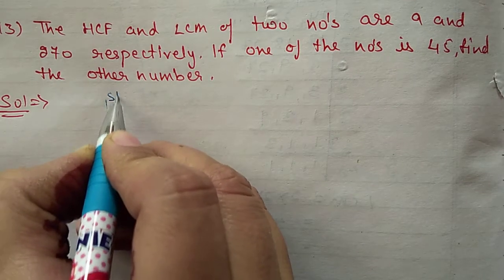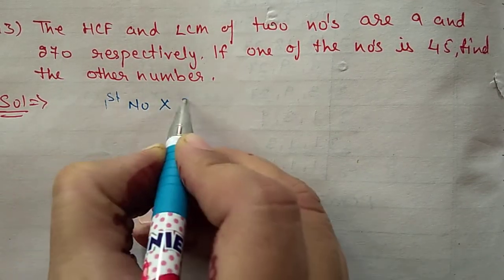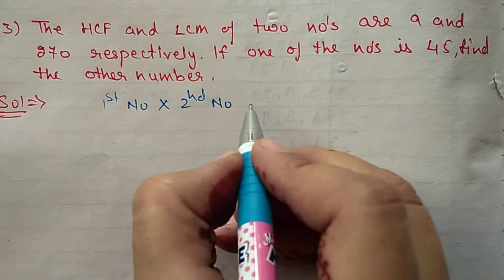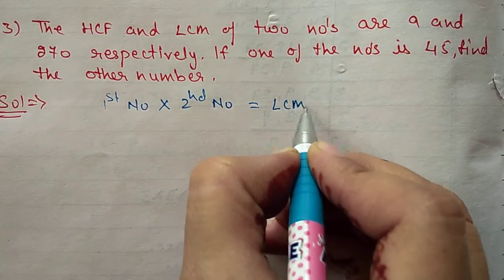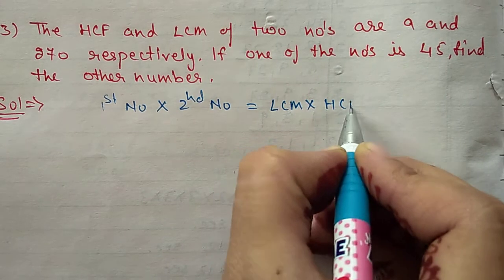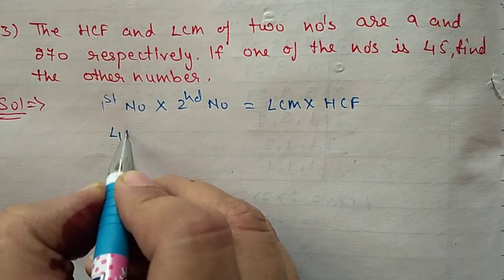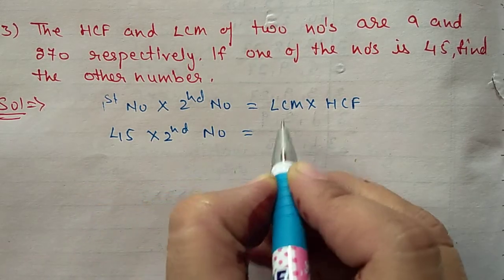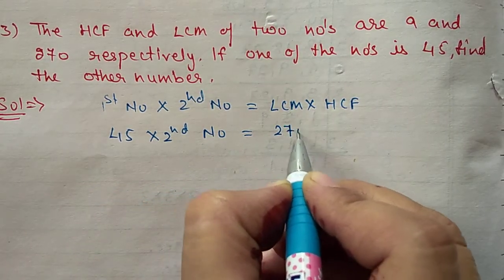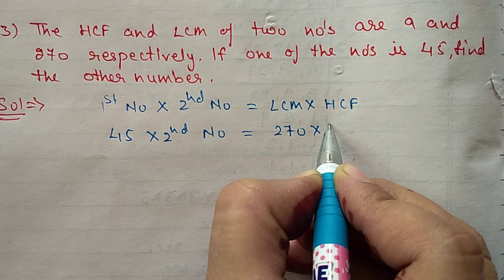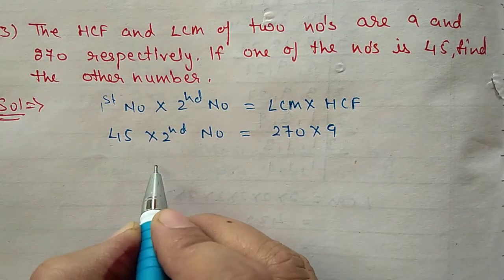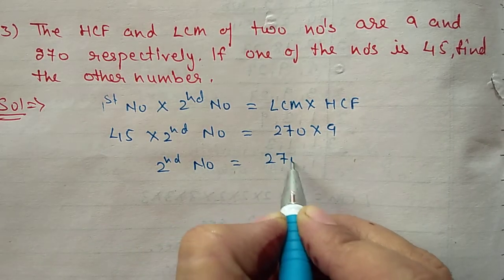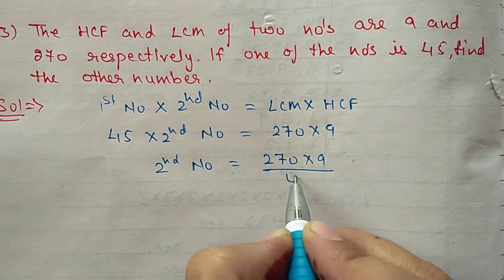So first number into second number is equal to LCM into HCF. The first number is given as 45, the second number we have to find out. LCM is given as 270 and HCF is given as 9.